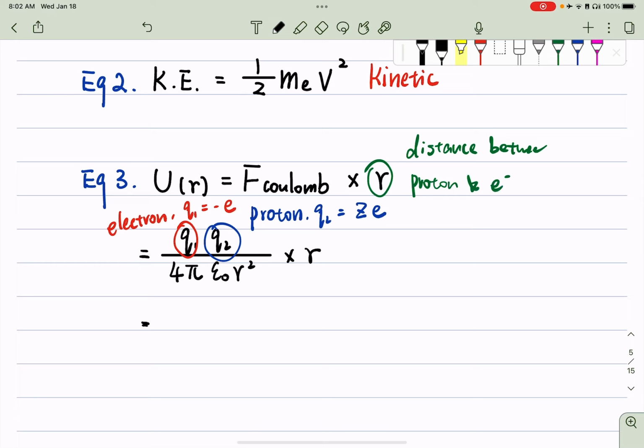So taking it together, we can write our potential part as negative Z e squared over 4 pi epsilon naught r. So that's our potential term.